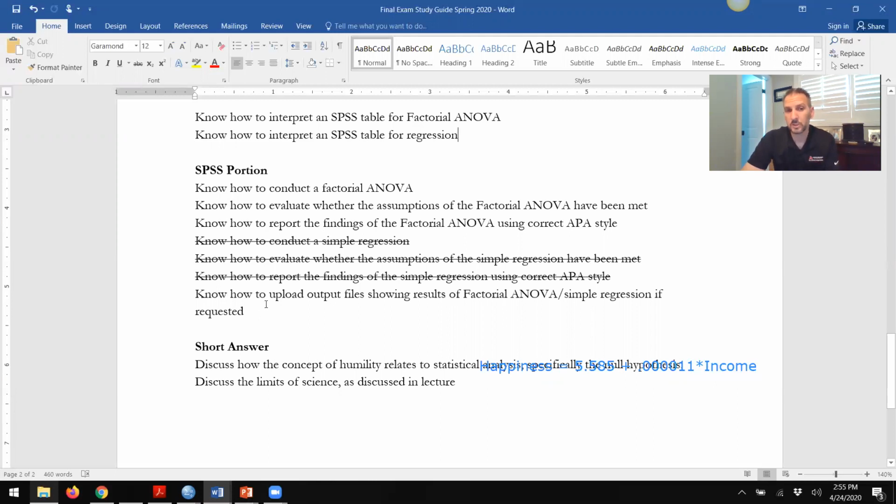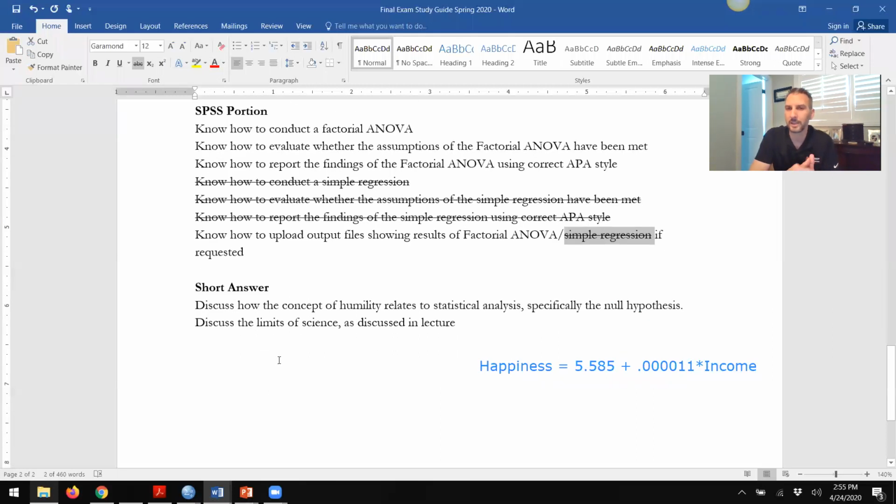And then you'll just need to know how to upload on Canvas, which I think you know by now with the test, is just to click the upload button. There's not a simple regression, so you don't have to do that. I'll scratch that out. But I think you'll be able to do the SPSS portion without much trouble.